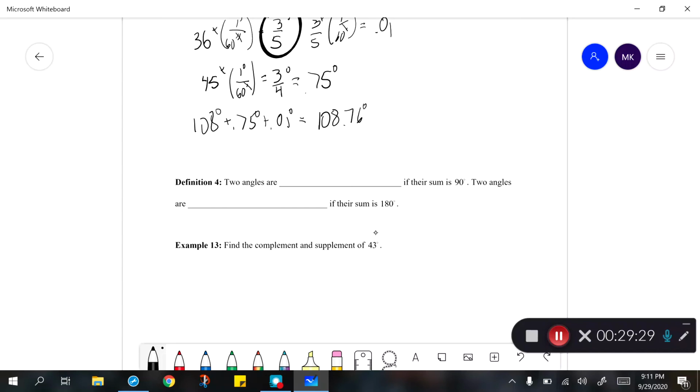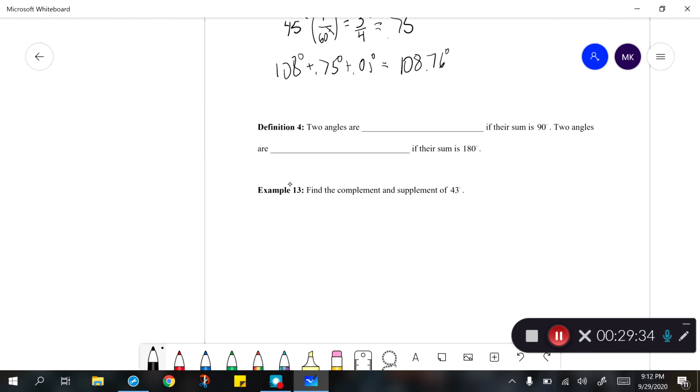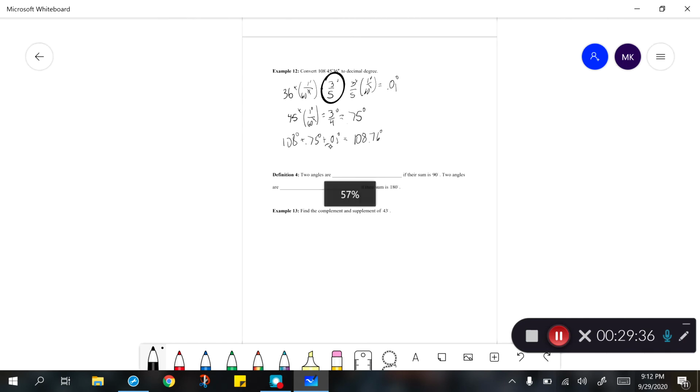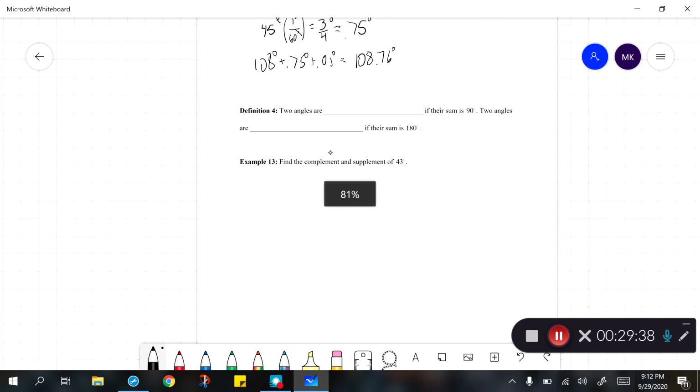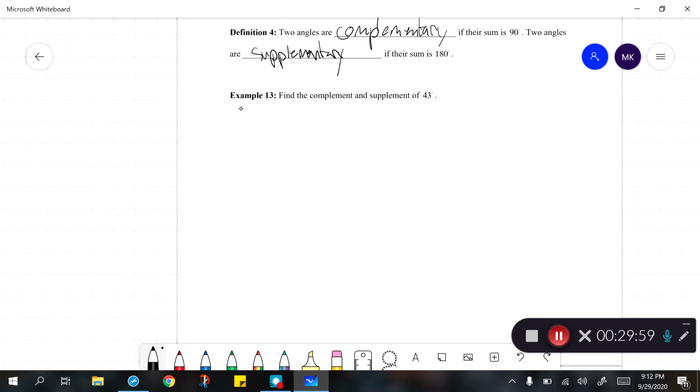Two angles are complementary if their sum is 90 degrees, and two angles are supplementary if their sum is 180.